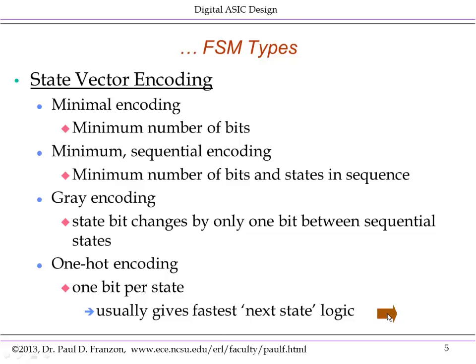In fact, a common approach in designing finite state machines is to start with minimal sequential encoding, possibly applying the synthesis tool's finite state optimization to speed it up a little bit. But if that produces a finite state machine that cannot meet the desired clock period, then just switch to one-hot encoding and you get an immediate and quite substantial decrease in the achievable clock period for any particular finite state machine.